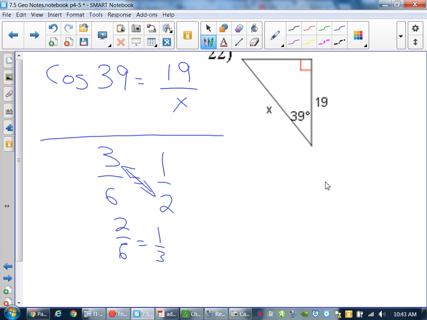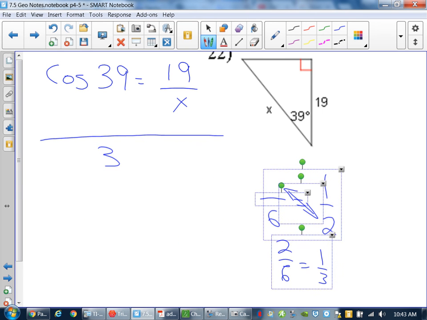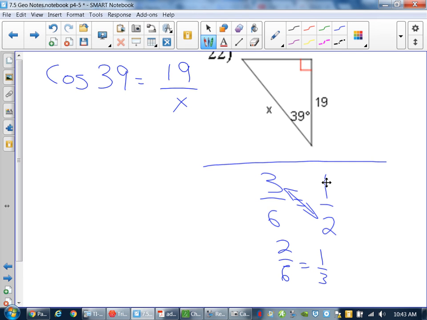The reason why I wanted to show you that was because does this change the problem at all? If I put that over 1, it doesn't change it at all, which means that I can flip these on the diagonal, and it's still a true statement.